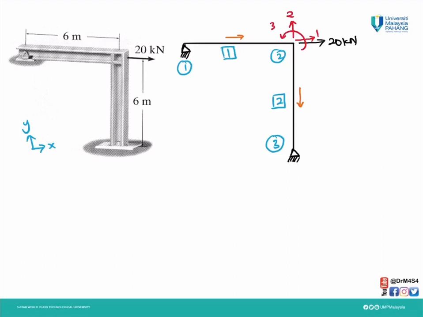Since the 20 kN is to the right, there will also be horizontal displacement at node 1, so that one is number 4. Those in red are unknown.